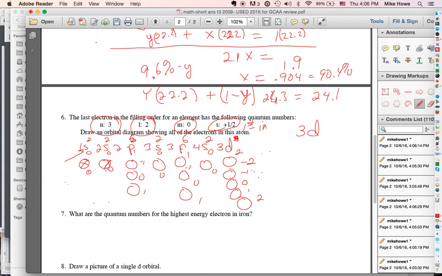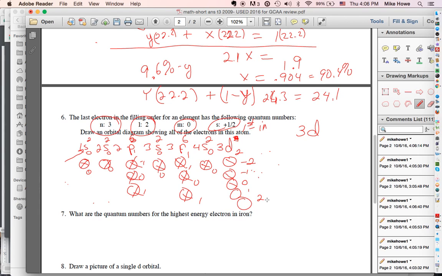1, 2, 3, 4, and then 5, 6, 7, 8, 9, 10, 11, 12, 13, 14, 15, 16, 17, 18. I don't really have a number that I'm going to, except that I'm going to stop when I get to the M equals 0 in the L equals 2 sublevel of the third energy level. And that is right here. So I'm going to go a single one, and a single one, and a single one.